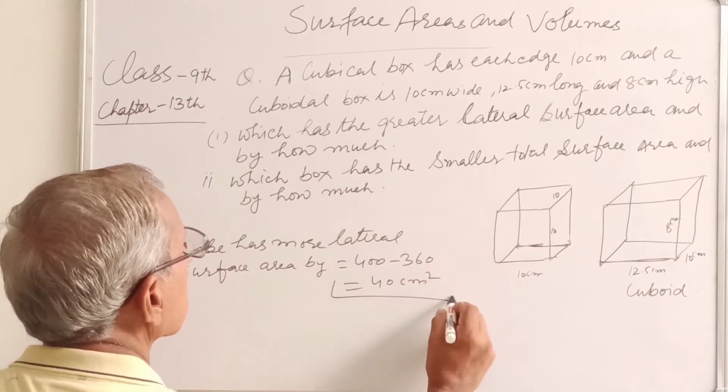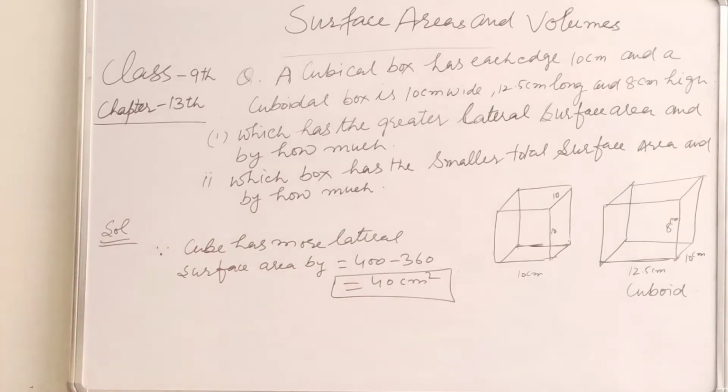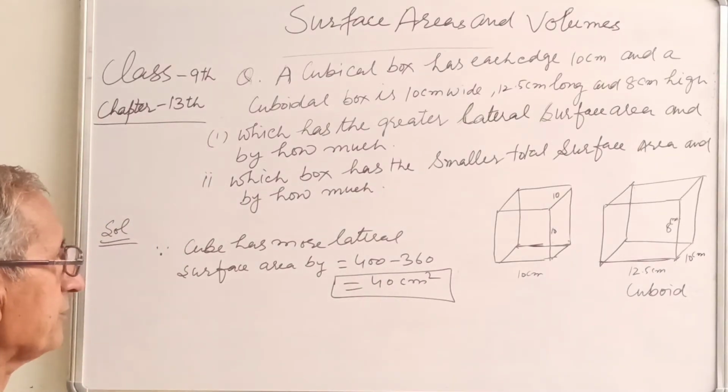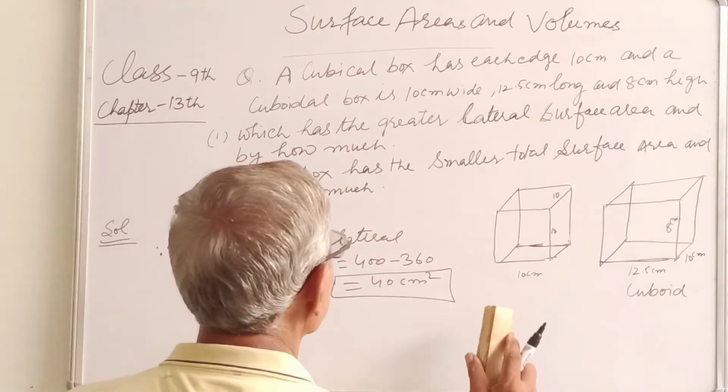So this is the difference for the lateral surface area. Now we will find the total surface area.